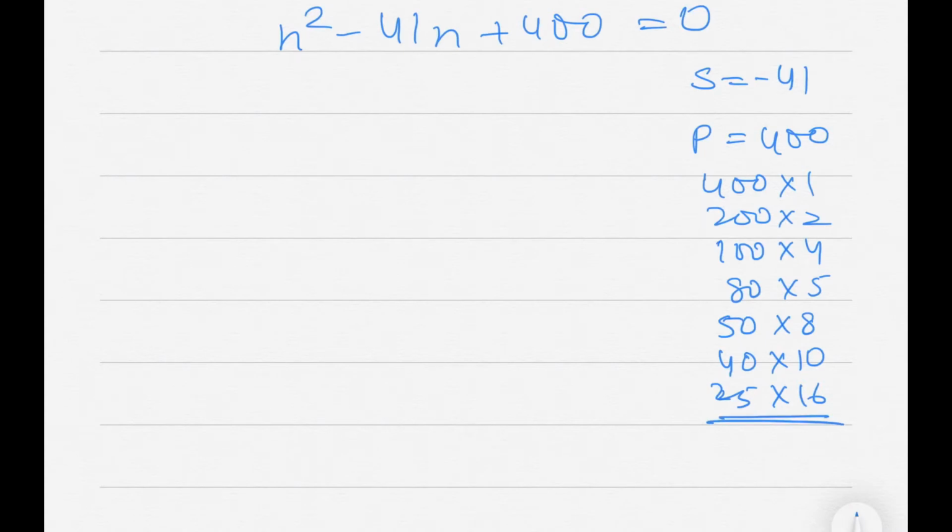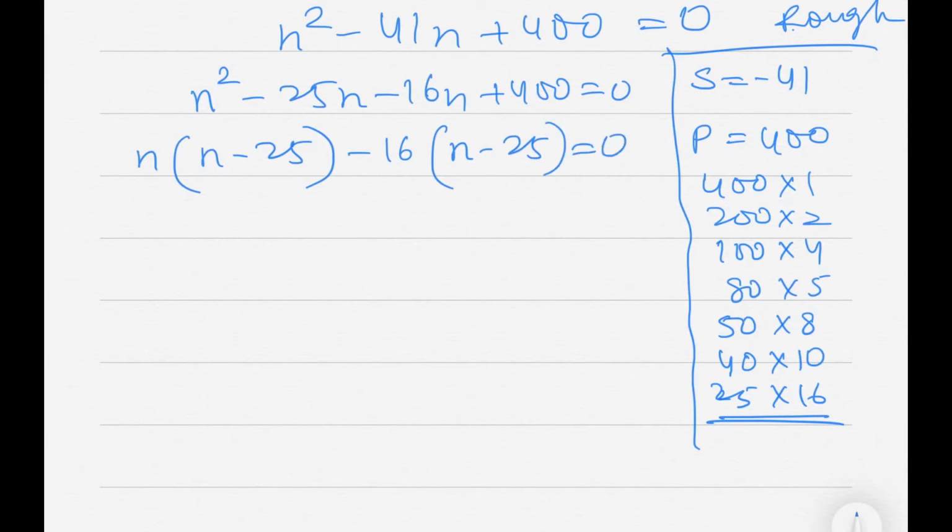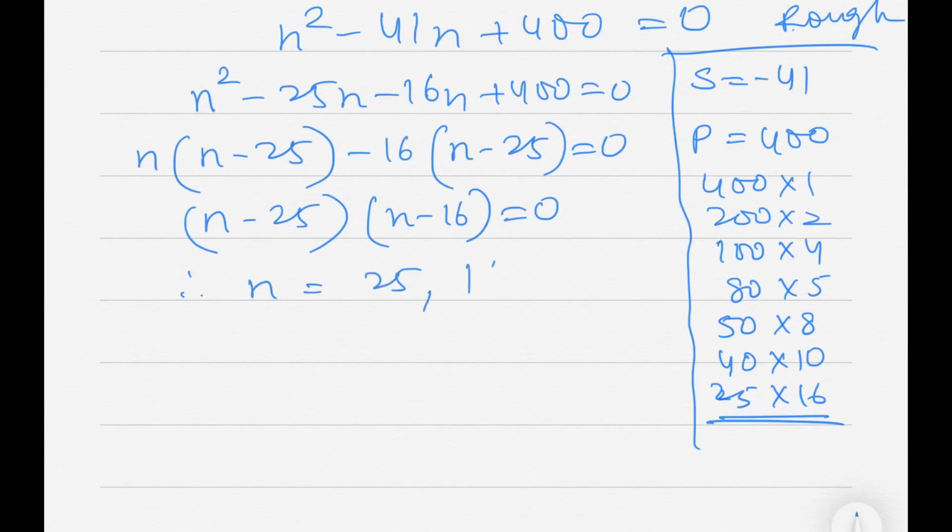So these are my factors. If I add 25 and 16, I get 41. So n square minus 25n minus 16n plus 400 is equal to 0. This is my rough work, always done on the right hand side of your page. Now n is common, so n minus 25 and n minus 16 are the factors of that equation. Therefore n is either equal to 25 or it is equal to 16.